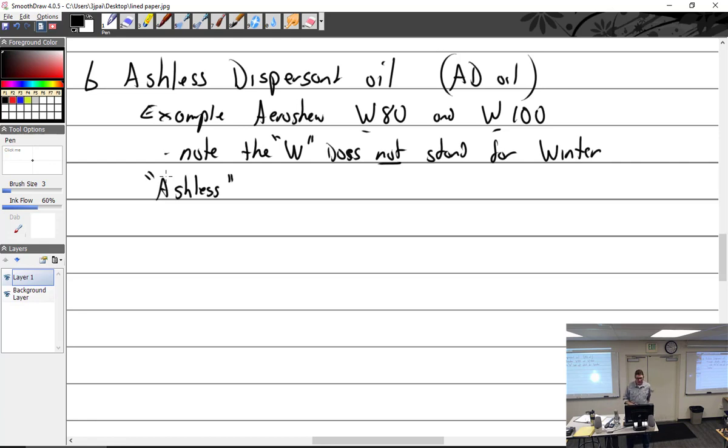Ashless simply means that if you take all of the additives they put in this oil, some people would call it detergent oil, and you burn them up in a laboratory environment, what's left does not create metallic ash. Metallic particles inside the engine can cause detonation.